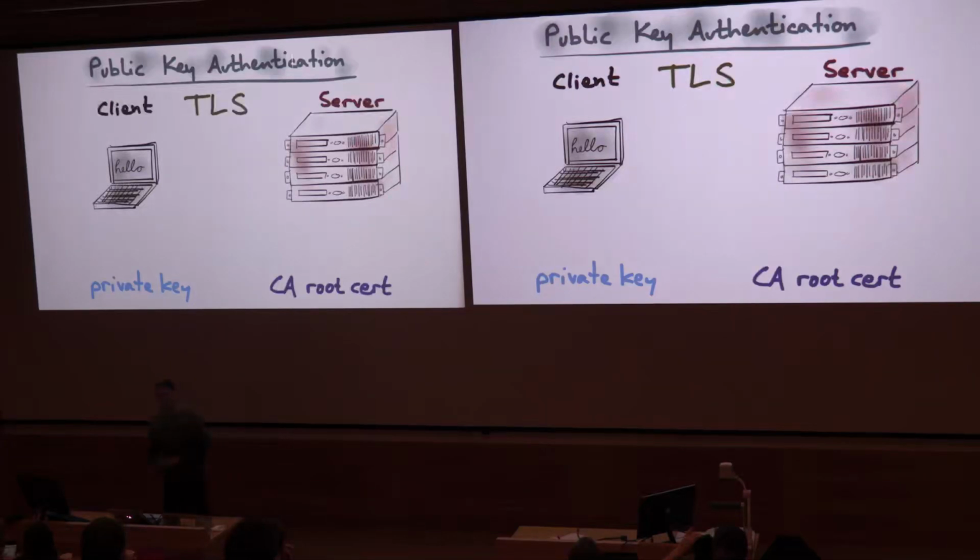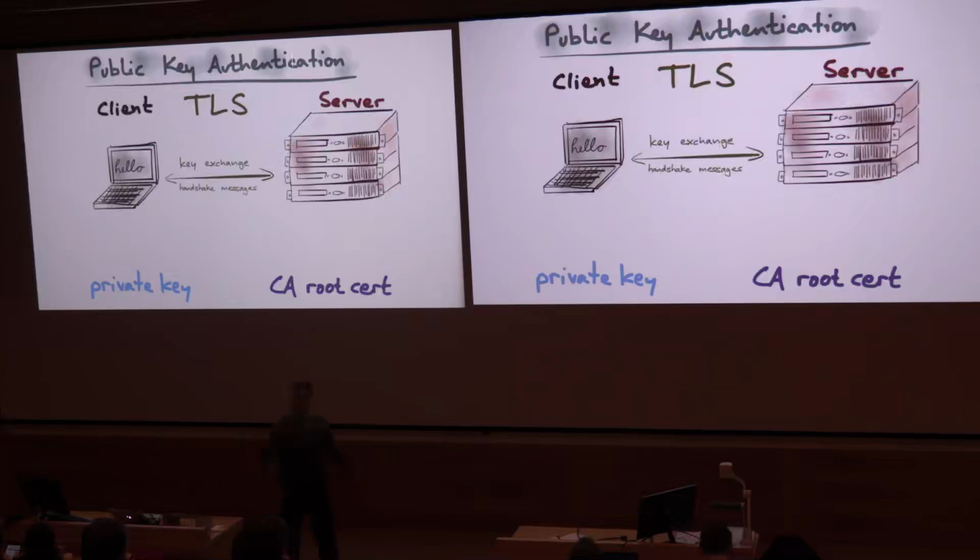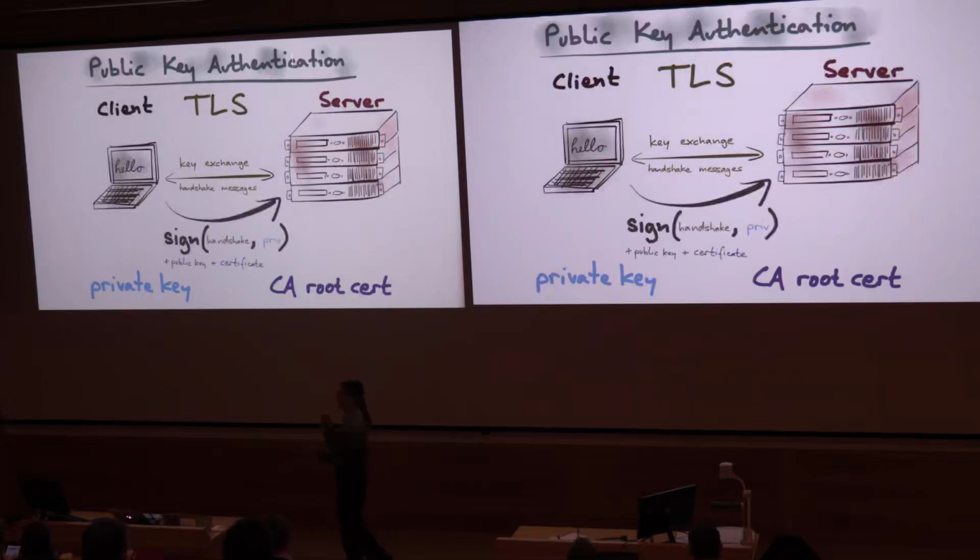Similarly, we get a similar thing happening with TLS if you use client certificates. That's not quite as widely used, but it is in a few little domains. I believe in Estonia, a lot of government services are authenticated with client certificates, for example. The principle of how that works is again similar. You have a handshake through which an encrypted channel gets set up, and then a signature gets passed from the client to the server. In this case, the thing that gets signed is the messages of the TLS handshake.